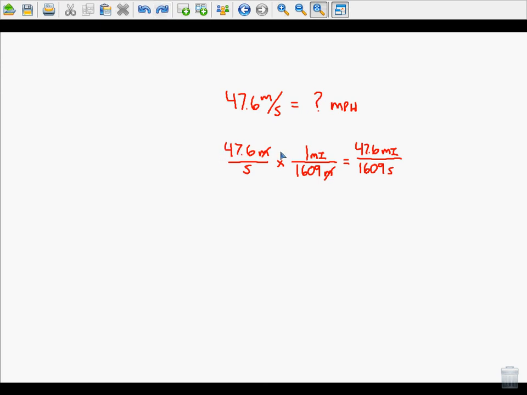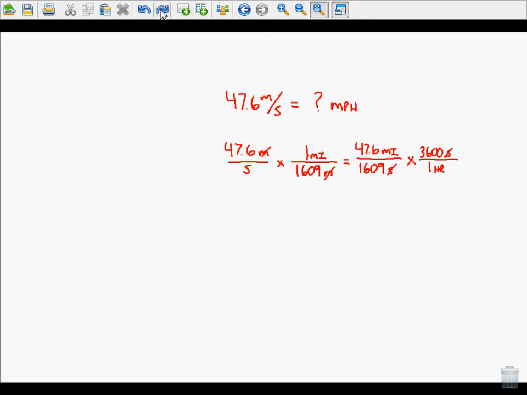So 47.6 times 1, and then 1 second times 1,609. All right, now I can take that and get rid of my seconds by multiplying by 3,600 seconds on top and 1 hour on the bottom, because those two are equivalent to each other.